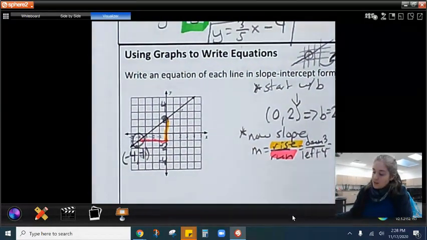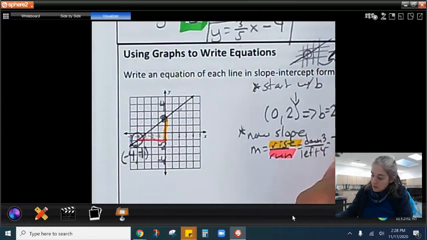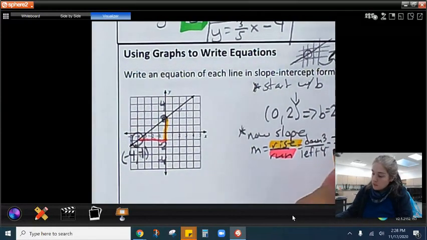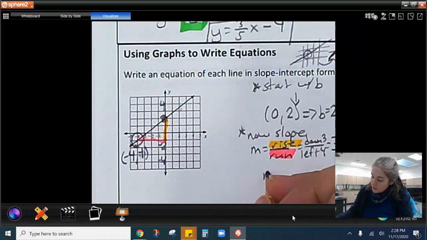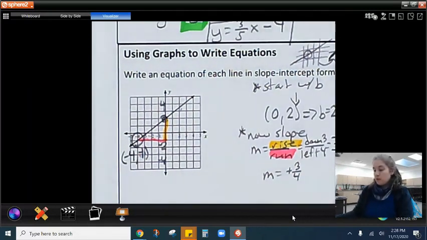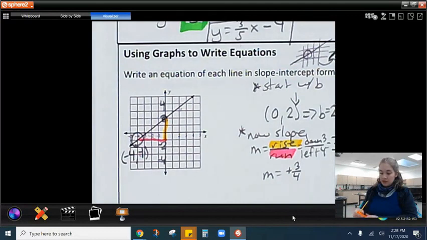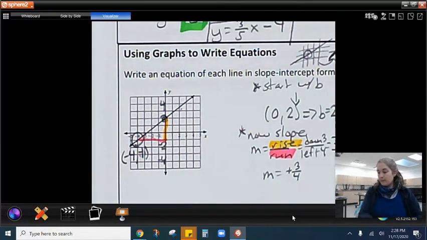Left 4. Well, wait a second. Down is negative, so that'd be a -3, and left is also negative, so that'd be a -4. So that means my slope is really -3 over -4. Wait a second. A negative and a negative make a positive. So this is a positive 3/4 is my slope. Positive 3/4 is my slope.